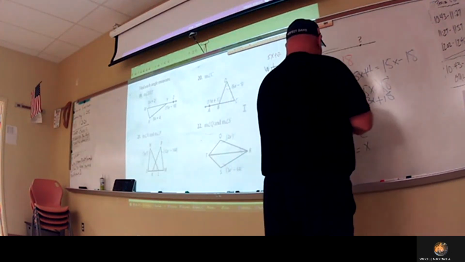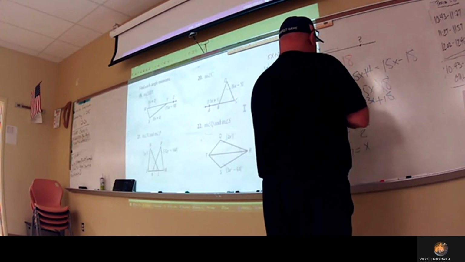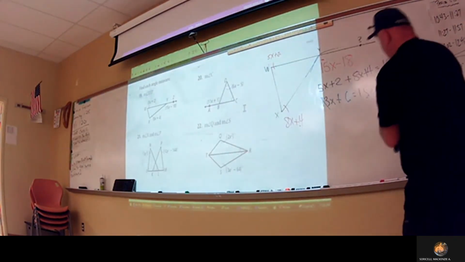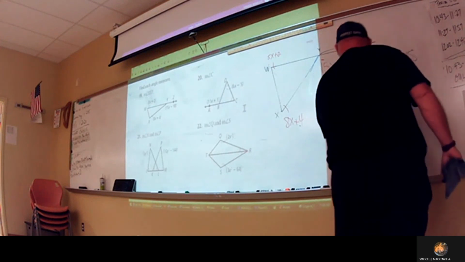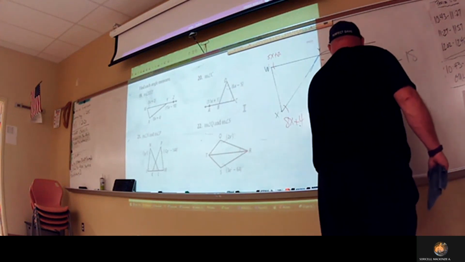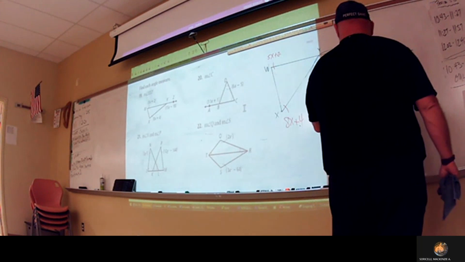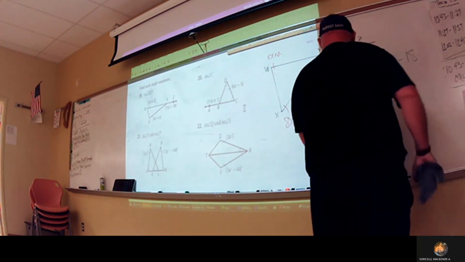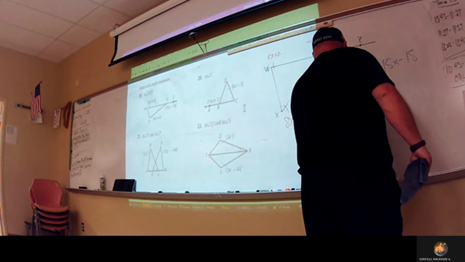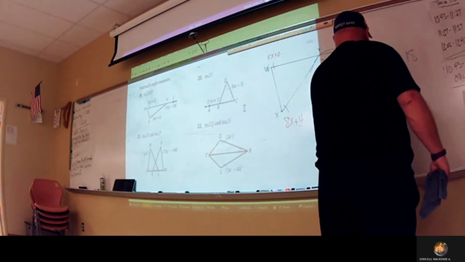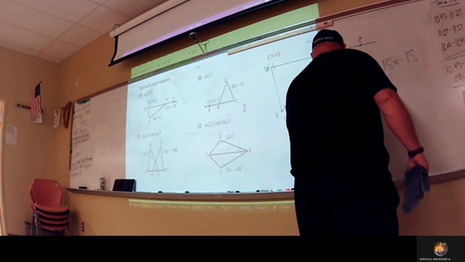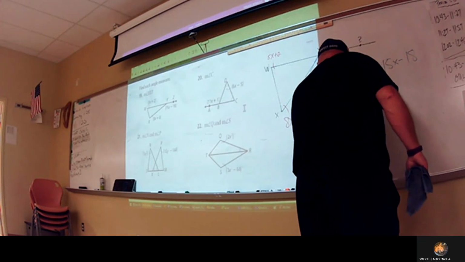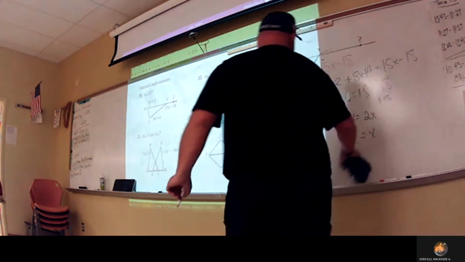All right. And now let's refigure this. So I got 13x, so that becomes 2x on this side. And that's going to be 24 because I'm going to add 18 to both sides, right? So now we've got x is equal to 12, and then I substitute that back in.